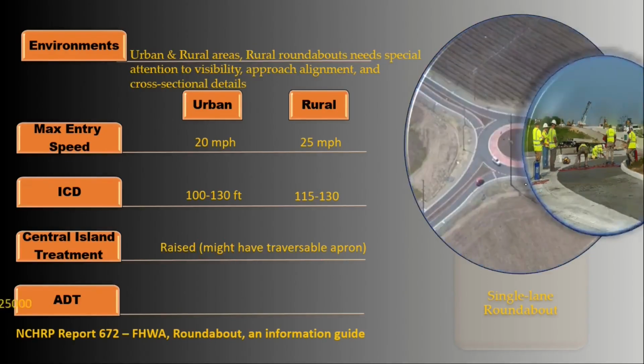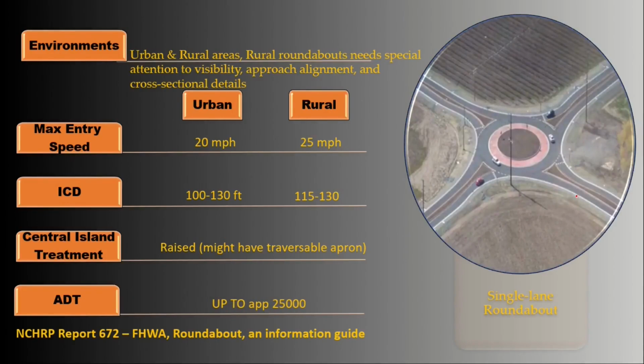The average daily service volume on four legs below which a single lane roundabout is expected to operate without needing a detailed analysis of capacity is approximately up to 25,000 vehicles per day.